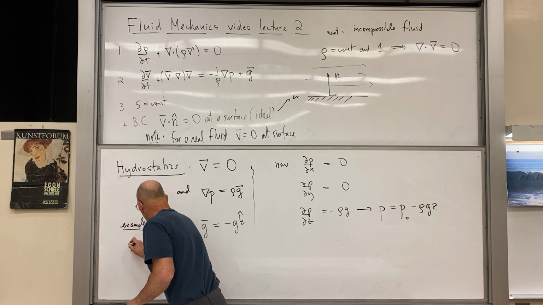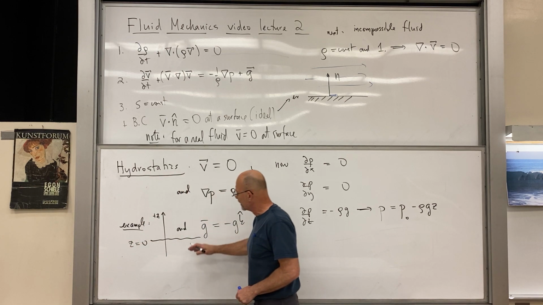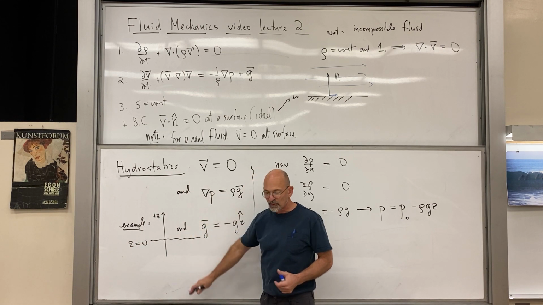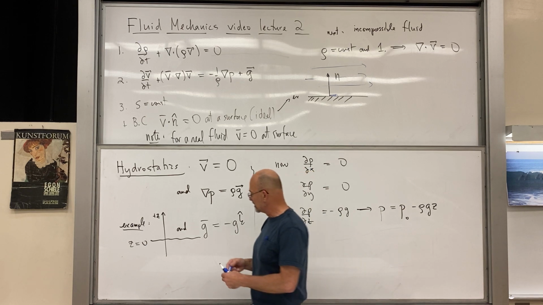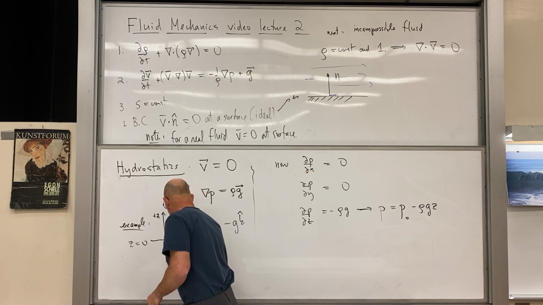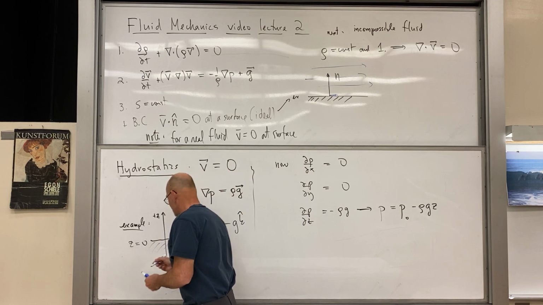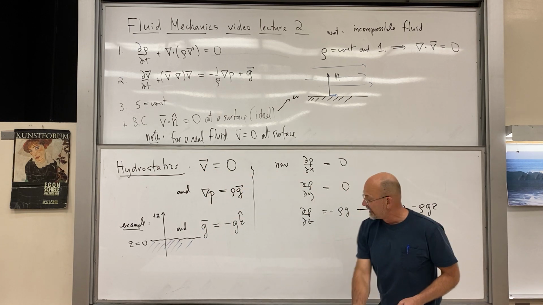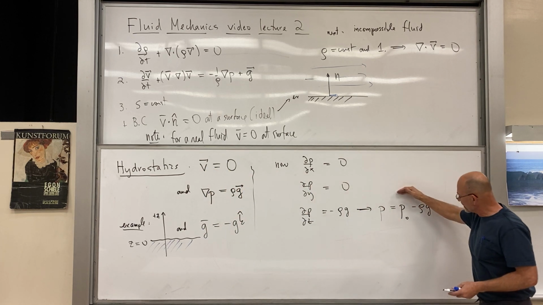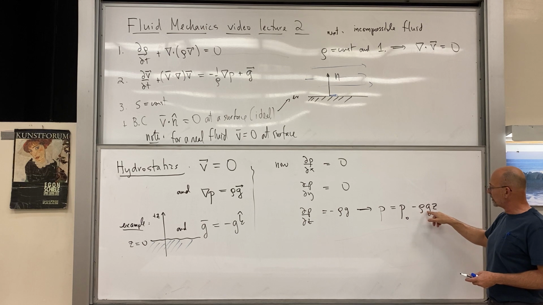I'll call this surface Z equals 0, where we have atmosphere above it and water beneath it. Water's always good. Then this would be the atmospheric pressure, and that would be minus rho gz.